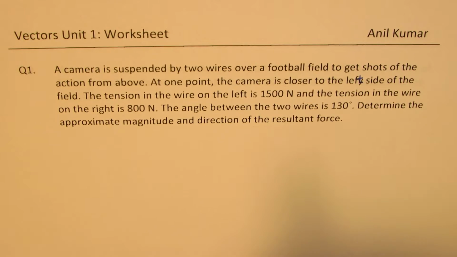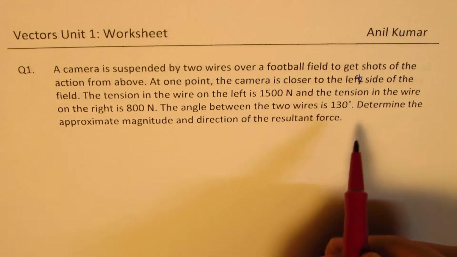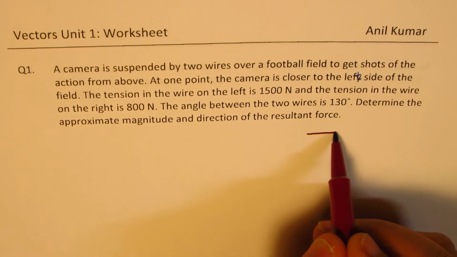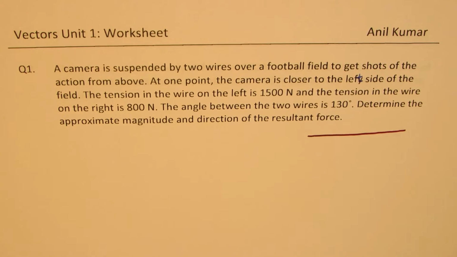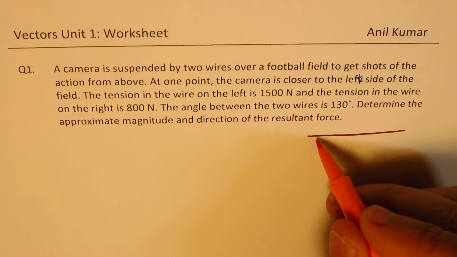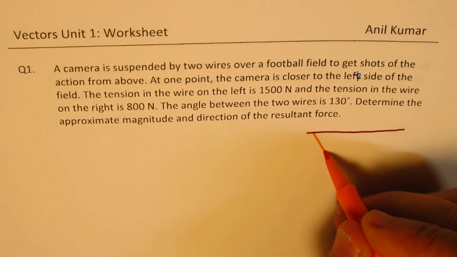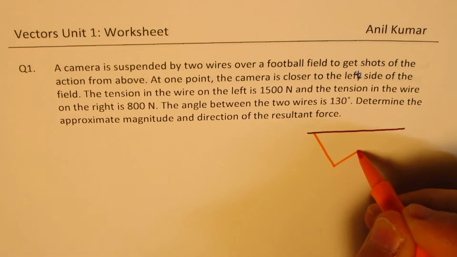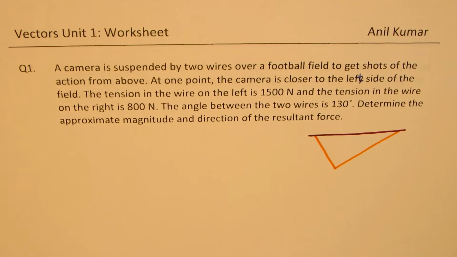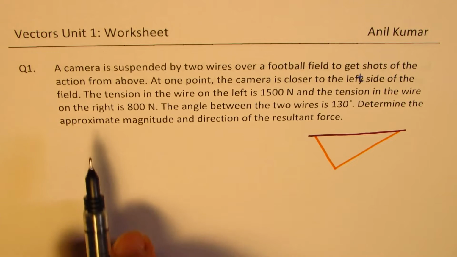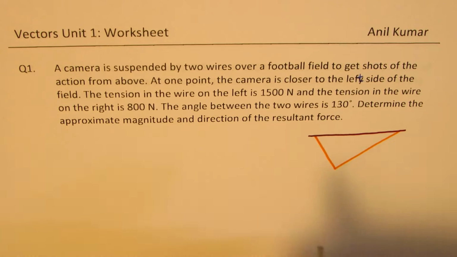Okay. So let's make the diagram to illustrate this situation. So let's say that is the bar from where we are suspending the two cameras. One of them is shorter, the other one is longer. So we'll make one shorter and the other one longer. Now we are given that the tension in the wire on the left is 1500.